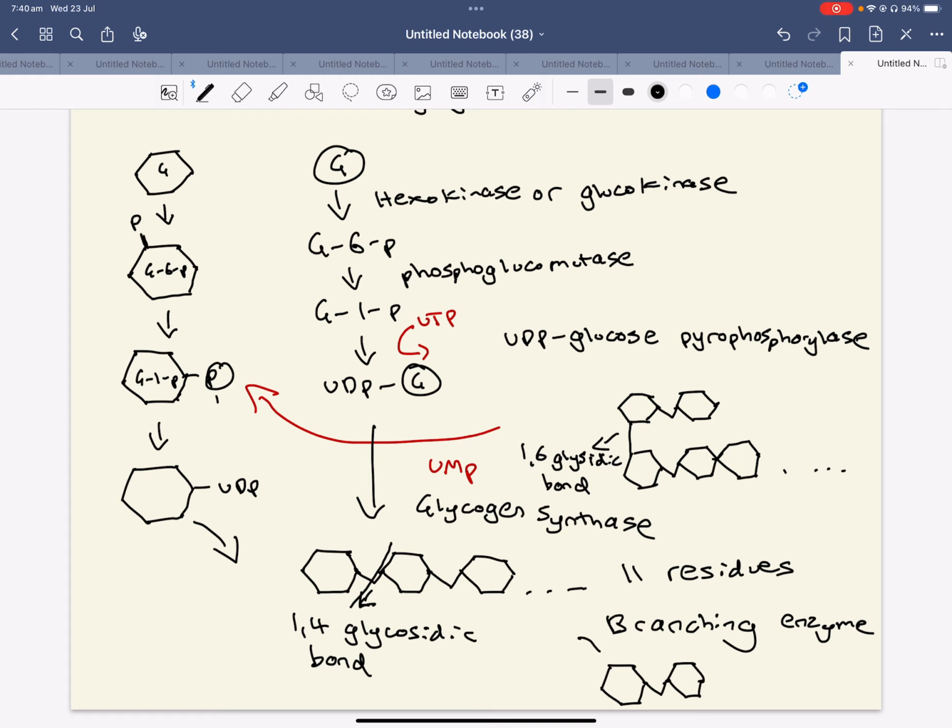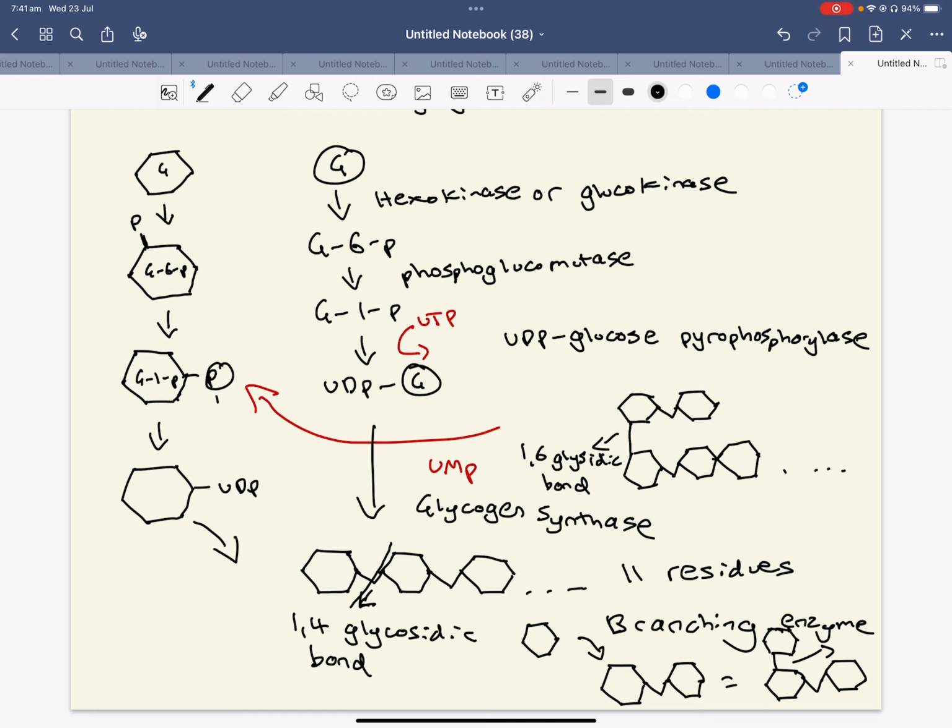So we break the bonds, then reform it to form literally one glycosidic bond. So it's taking off residues. It's cutting some off and moving them.